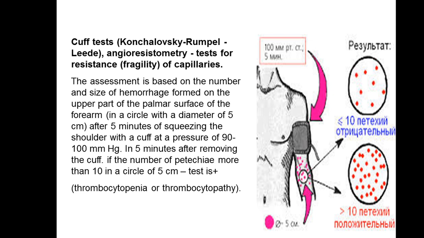In 5 minutes after removing the cuff, if we see petechias more than 10 in a circle of 5 cm, the test is positive. Here in thrombocytopenia we have a positive test because of decreasing number of platelets and also decreasing function of platelets, which causes decreasing angiotrophic function of platelets.